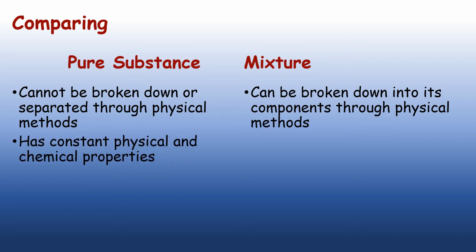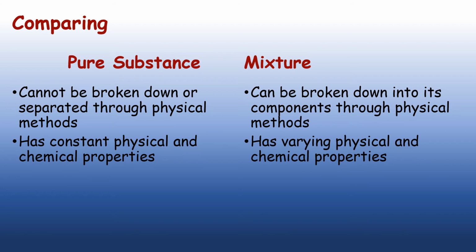Now, pure substances have constant physical and chemical properties because the molecules or the atoms in them are bound together through molecular forces, which enables them to form their own chemical and physical properties.